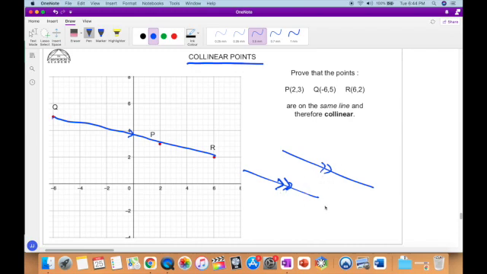Well, if one is a scalar multiple of the other, then they are parallel. That means they're going in the same direction. Not necessarily equal. Equal means that they're going in the same direction and they have the same length as well. The modulus is the same length.